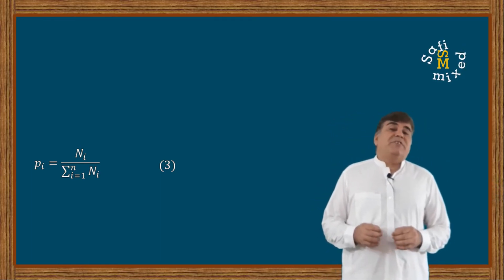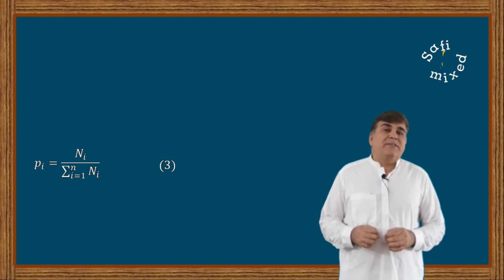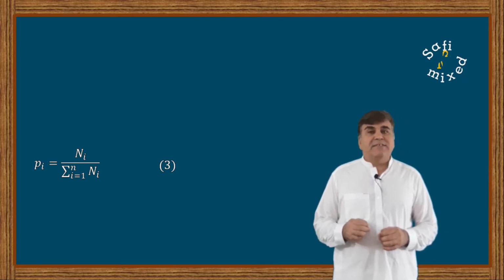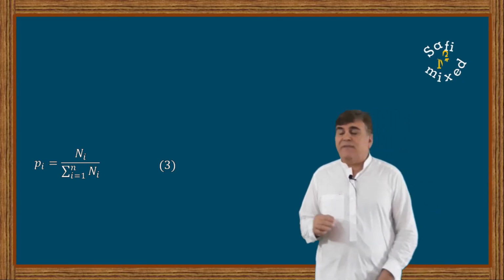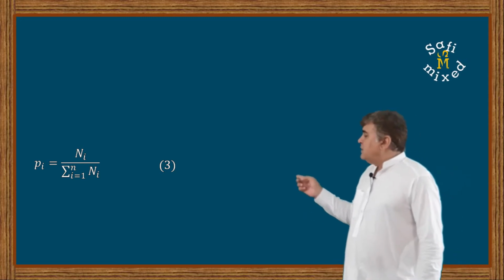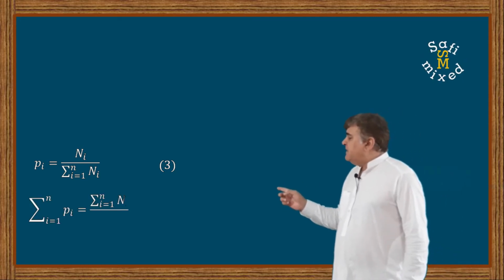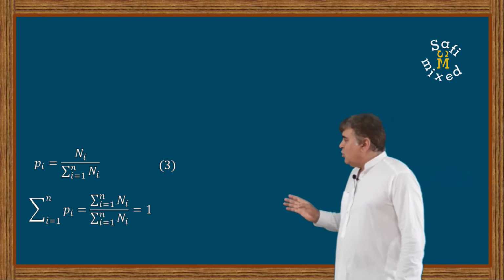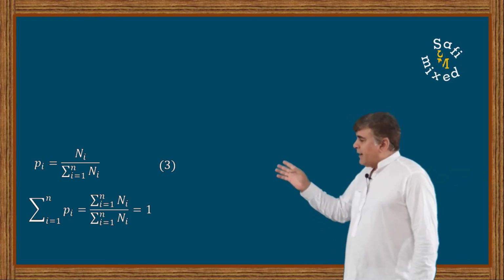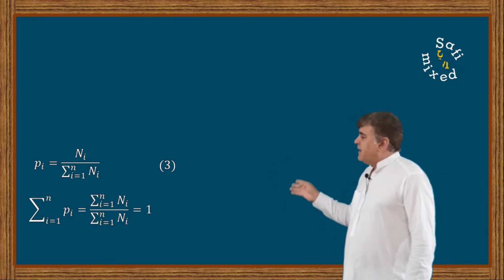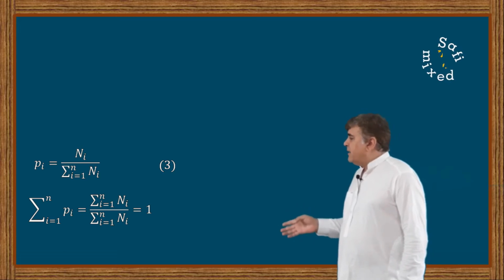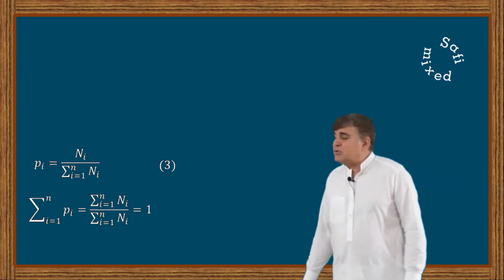We see from equation 3 that the probability p i satisfies the normalization condition, that is, sum over i p sub i equals sum over i n sub i divided by sum over i n sub i, which in fact is equal to 1.